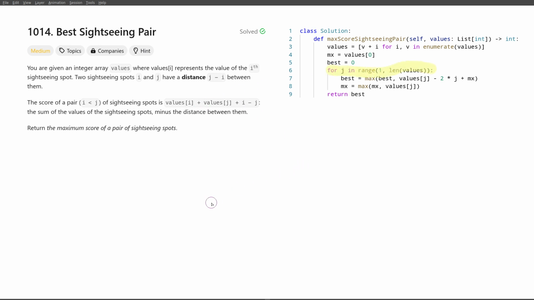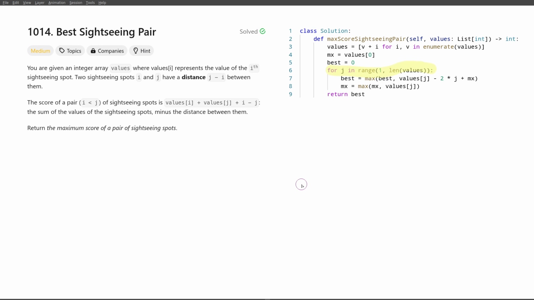So if we have two different candidates for i, and one is better than the other, which means that values of i0 plus i0 is better than values of i1 plus i1, then if we move to some further j, those two values are still ordered in the same way. So if at some point one i is better than the other, then it will always be better than the other. And that is a classic monotonicity or domination, right?